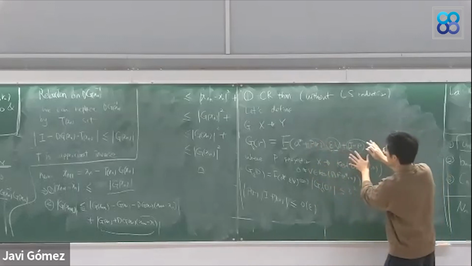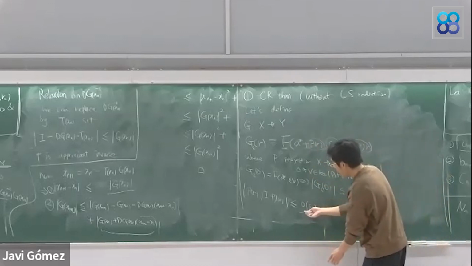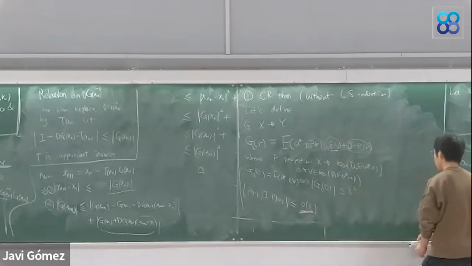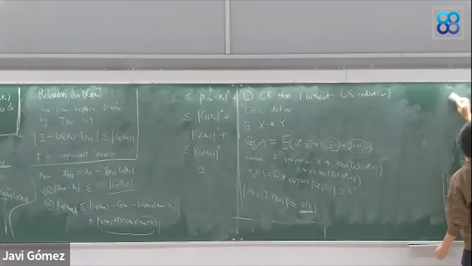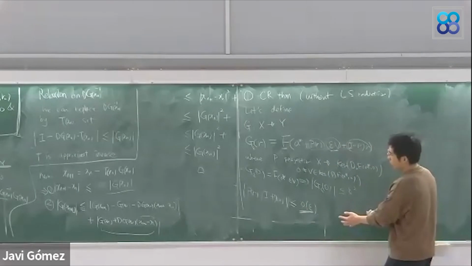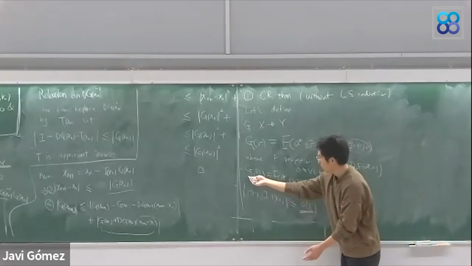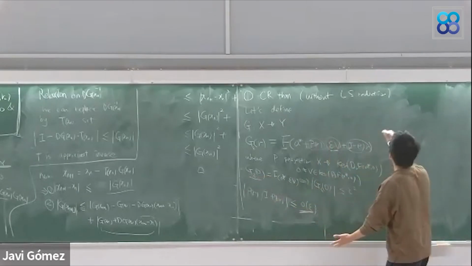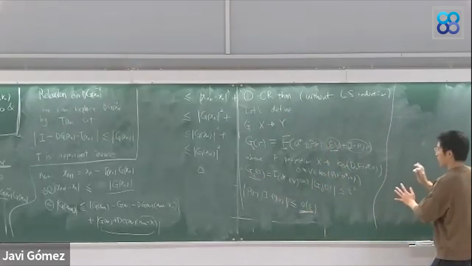So these two will also be very small. To do Newton's method, we only need to show that the derivative of this G is reasonable. So let me do that, and then we finish.